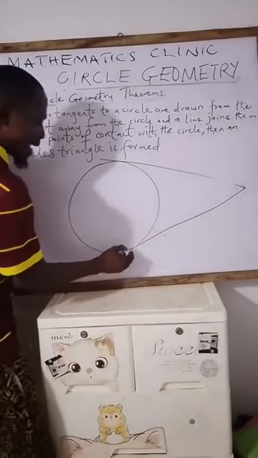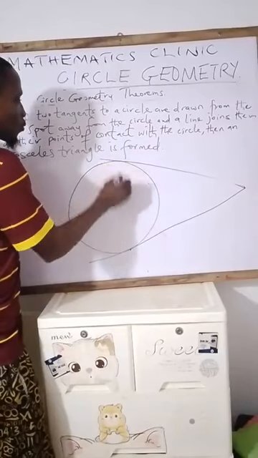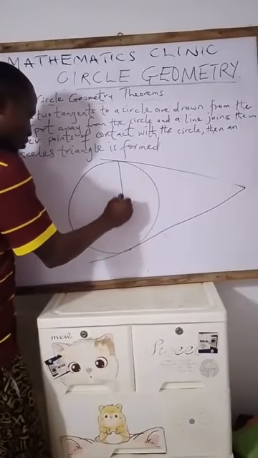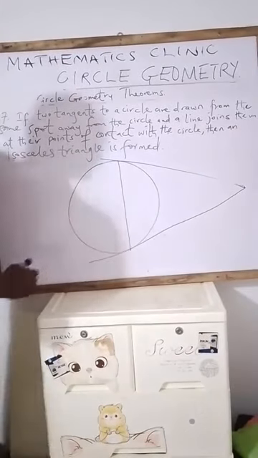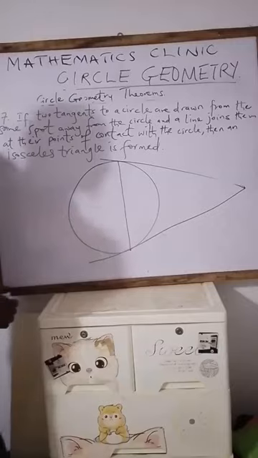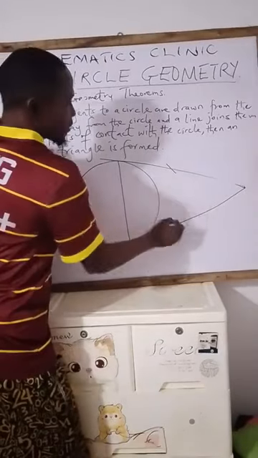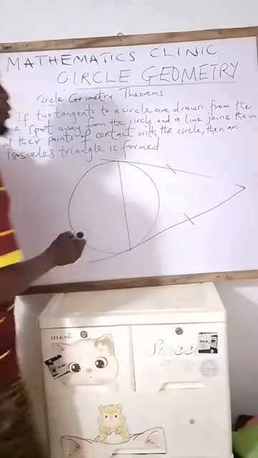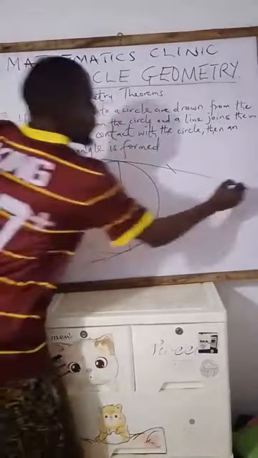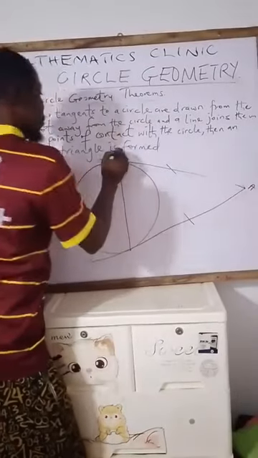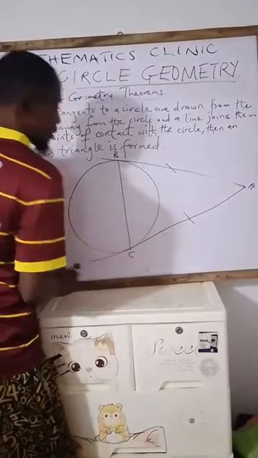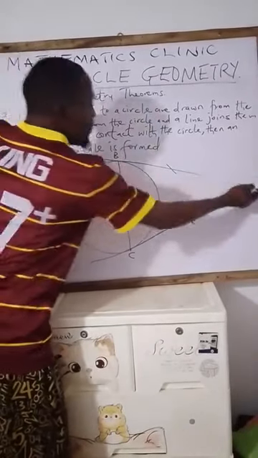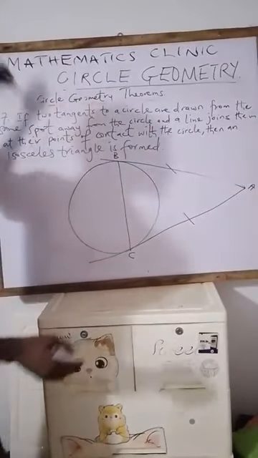At the point where the two tangents meet the circle, a line is now drawn to join them. What the law is simply saying is that this side and this side will be equal. Meaning, if this is point A, point B, point C, then triangle ABC will be an isosceles triangle.